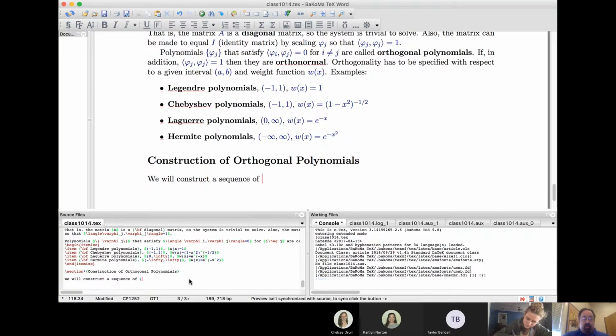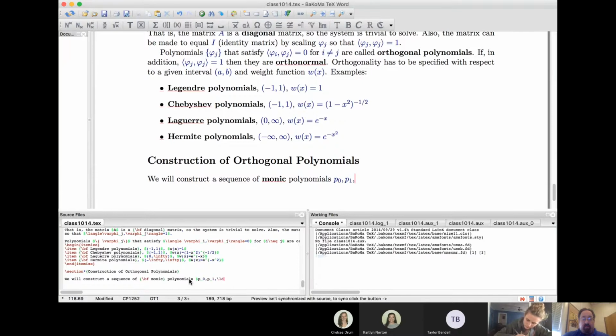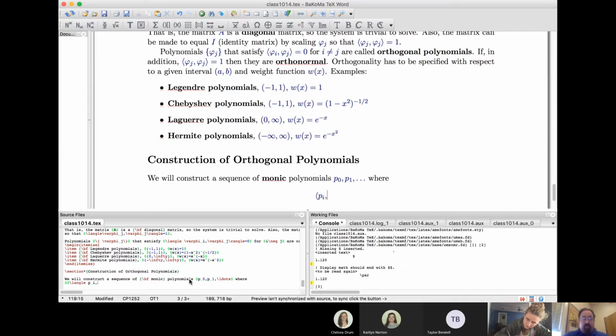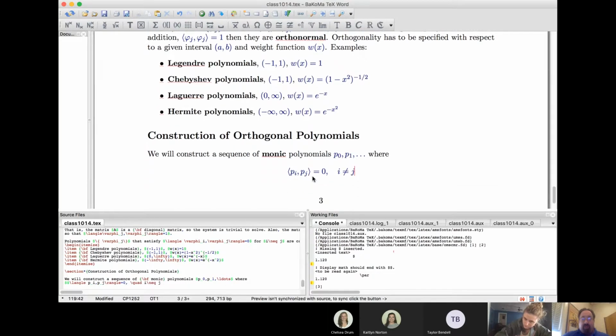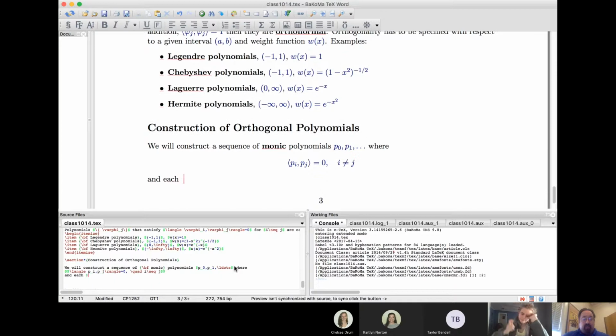We want a sequence of monic polynomials where the pairwise inner products are equal to 0 when i is not equal to j, and each polynomial p_j is of degree j.